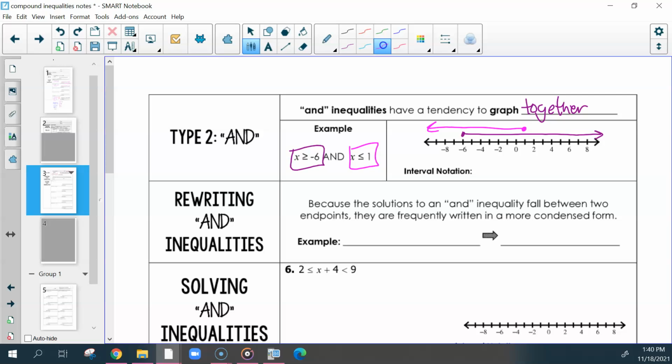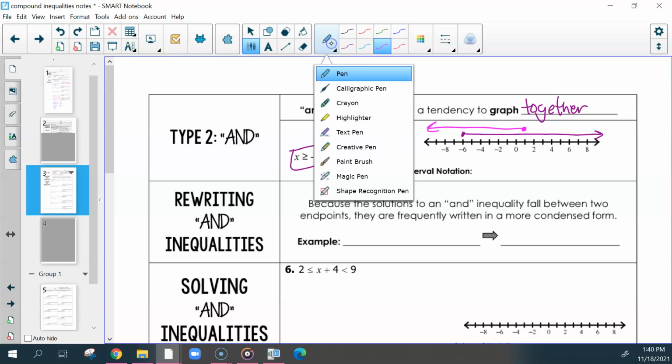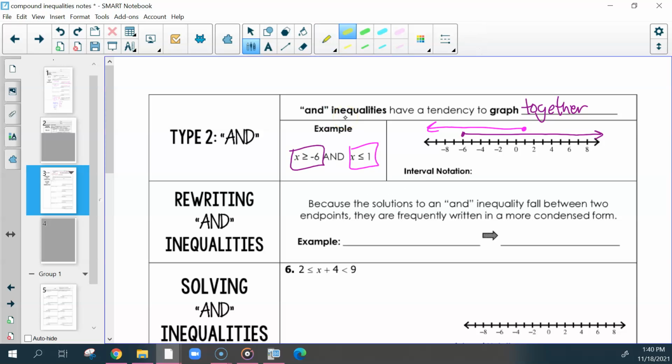Because we're looking for an and, we are looking for where these two overlap, and that's going to be from this point to this point right here. And that's it. So really when we graph this, we're going to get rid of the arrows, kind of fix it, so that it starts at -6 and it stops at 1, and it's just this line right here.